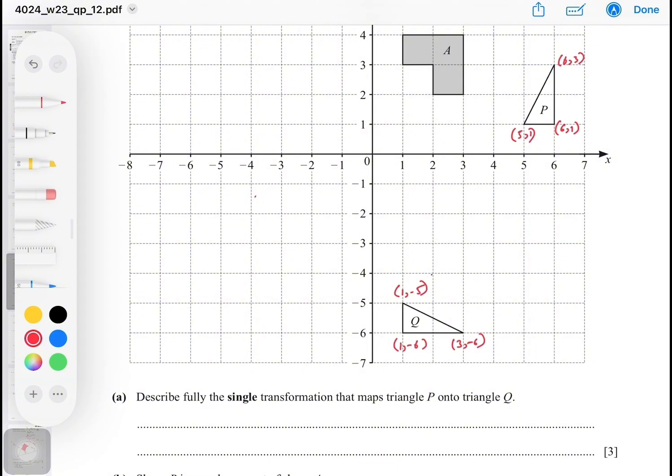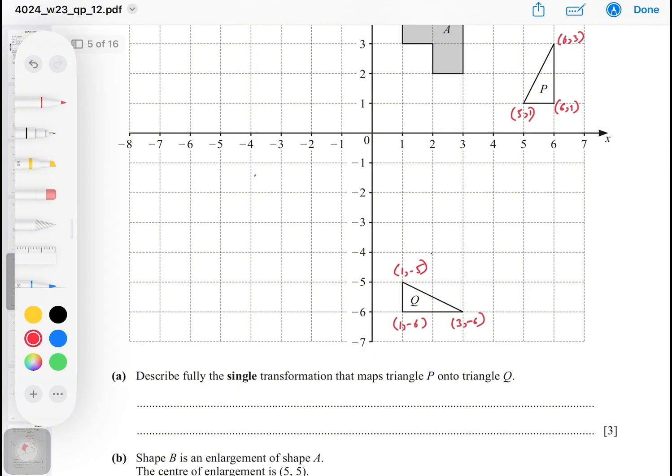So, the coordinates of P 6, 3, 6, 1, and 5, 1 turns into 3 minus 6, 1 minus 6, and 1 minus 5.